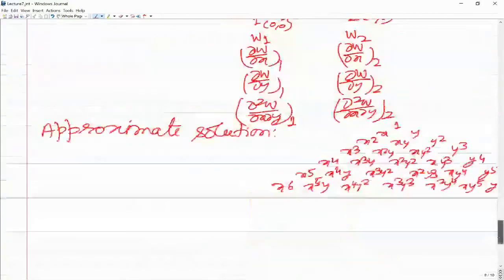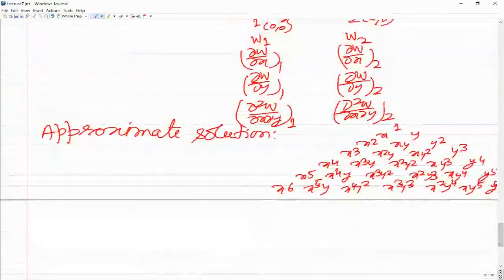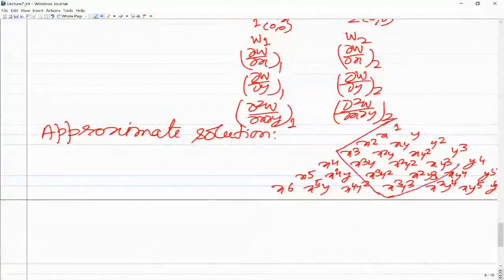For this we take a bicubic polynomial, so we take all the terms inside this trapezium.